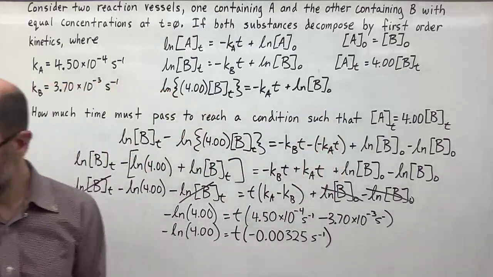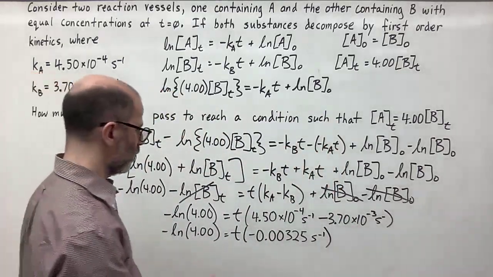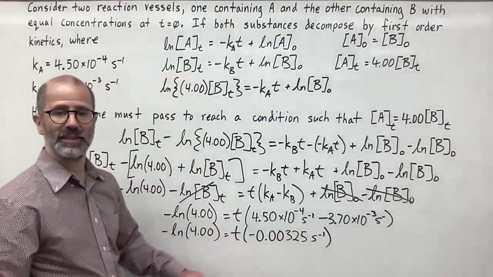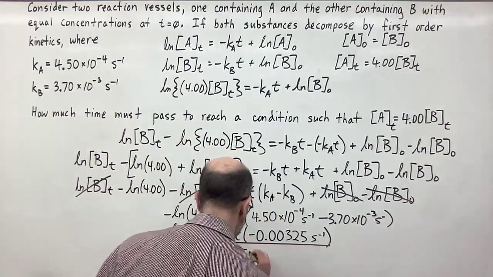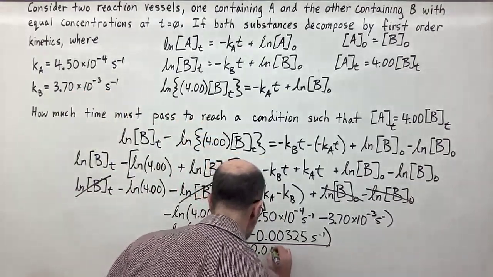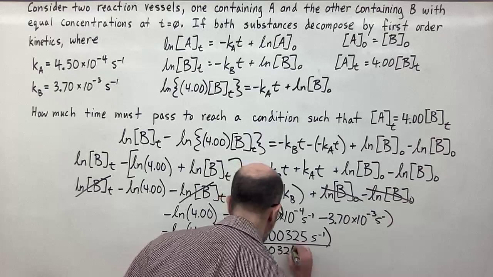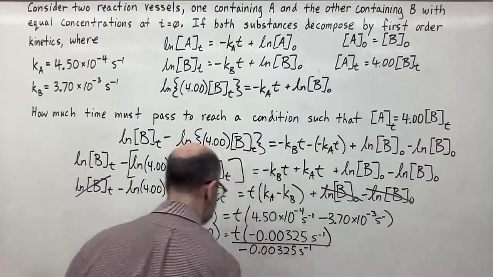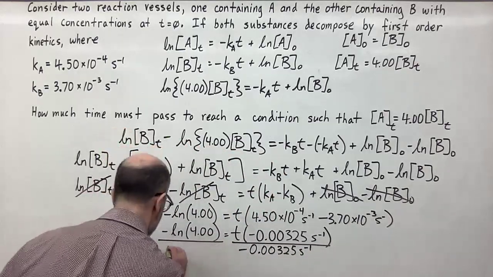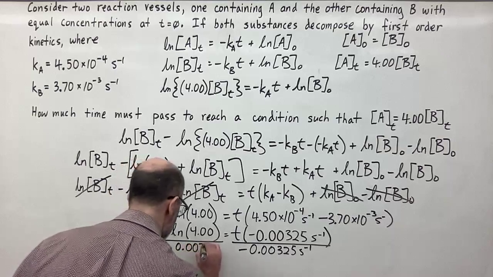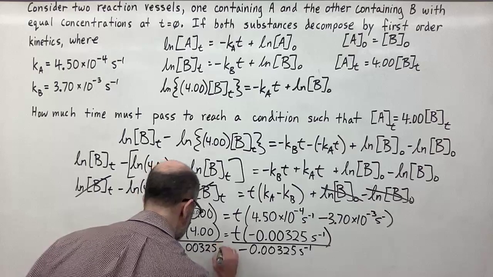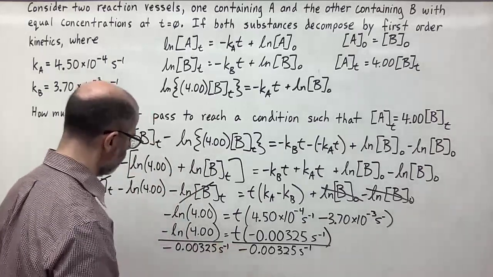Let me double check that. Yep. And now all I need to do is divide both sides by negative 0.00325 per seconds.